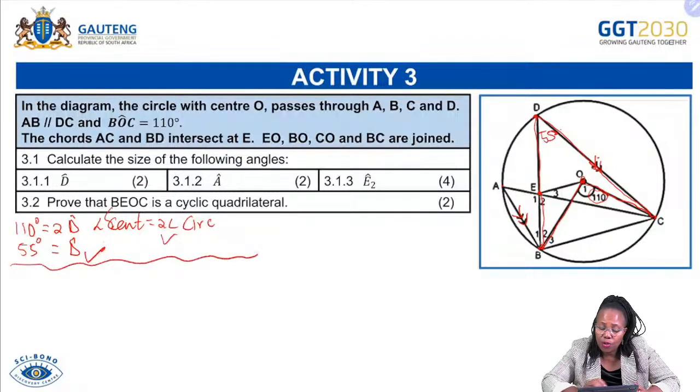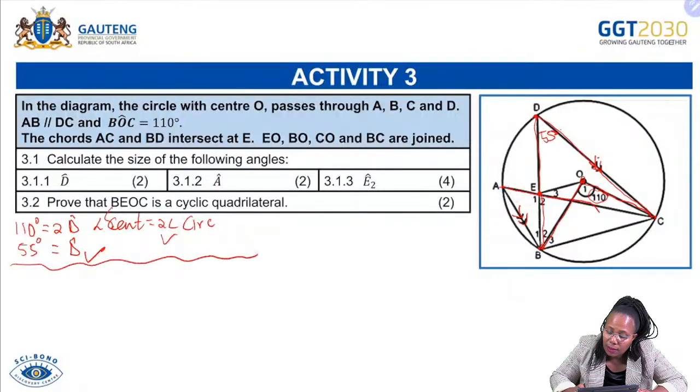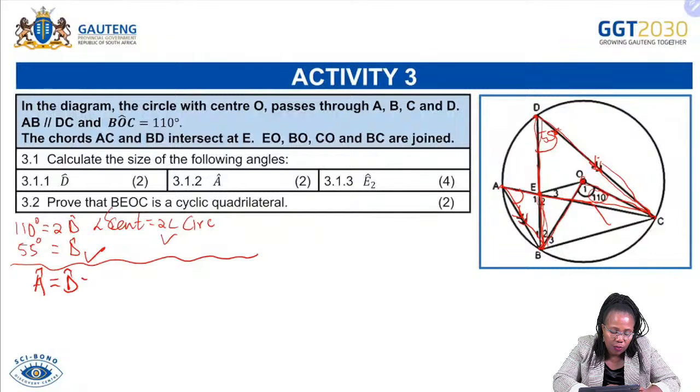And then 3.1.2, we want angle A. Can you see that bow tie shape again? Coming this way. And then these angles are inside that bow tie. Therefore, angle A is equal to angle D, which is equal to 55 degrees.